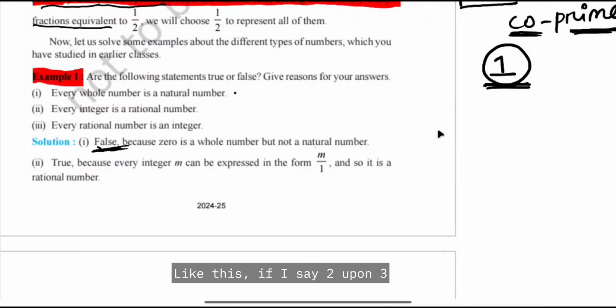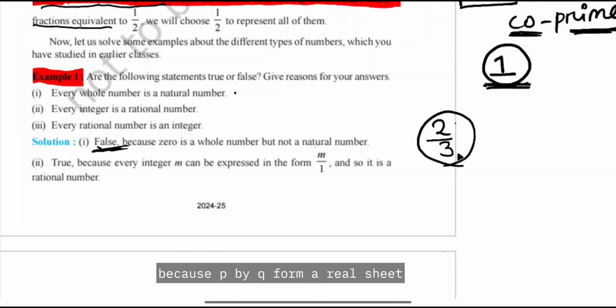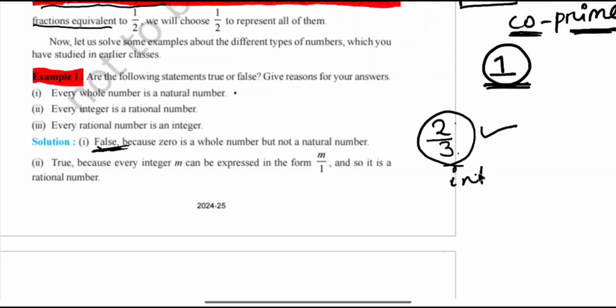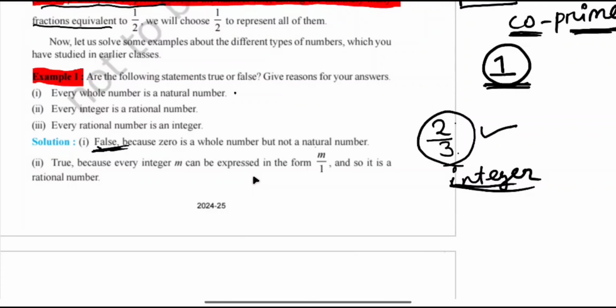Like this, 2 upon 3 is a rational number because it is in p by q form, but it cannot be an integer. That is why the statement that every rational number is an integer is false.